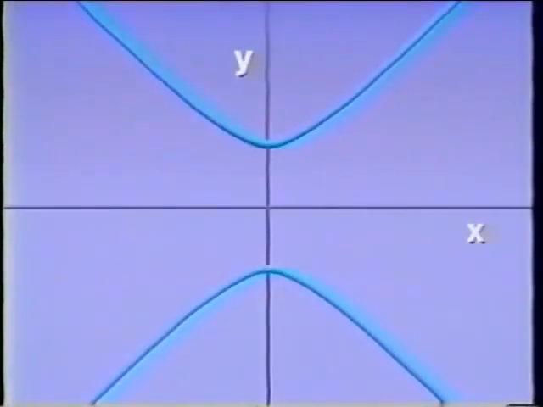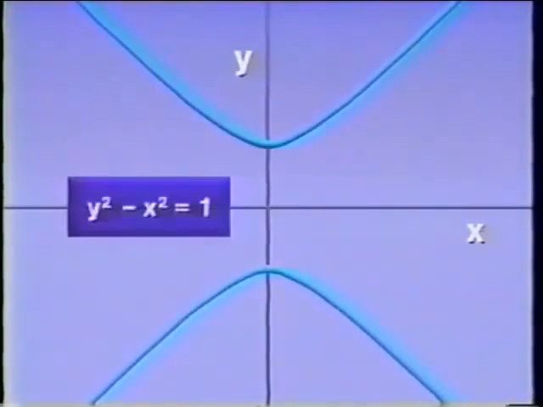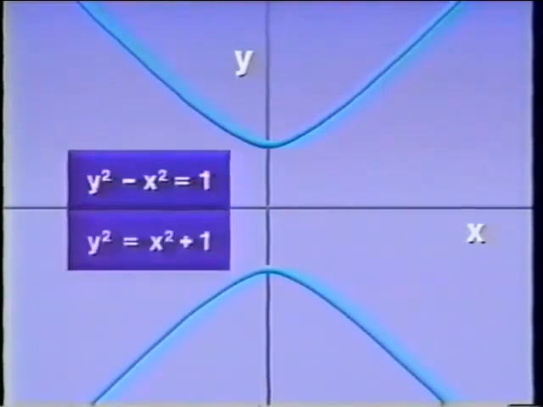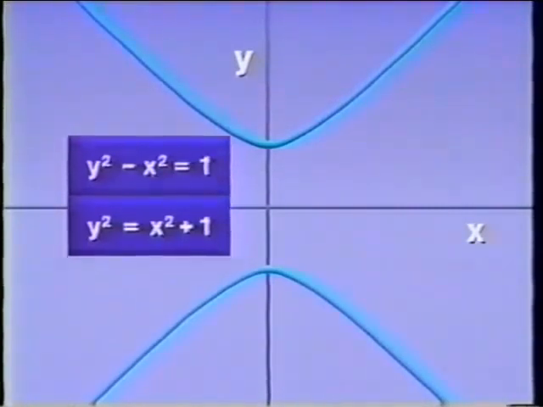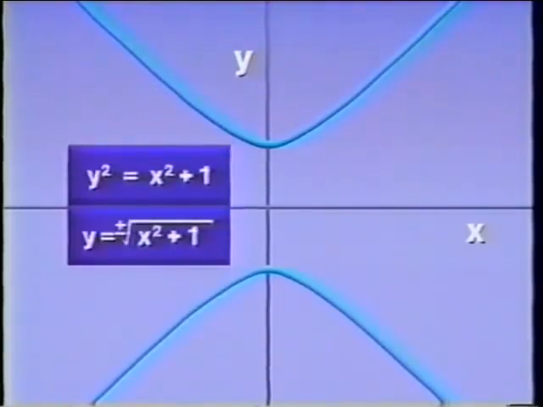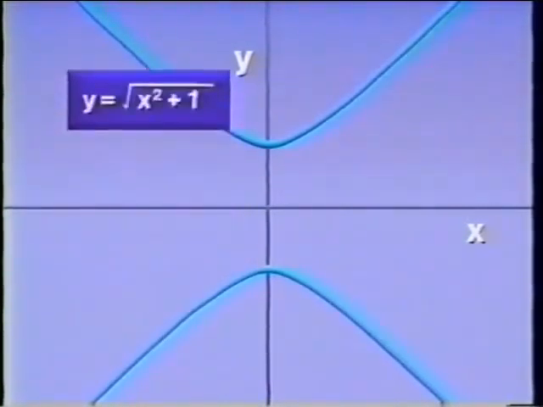One of the simplest hyperbola equations is y squared minus x squared equals 1. Writing this equation as y squared equals x squared plus 1, we can solve for y itself. Let's examine the positive upper half.